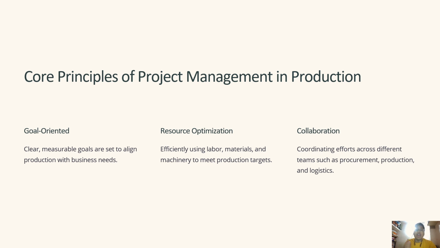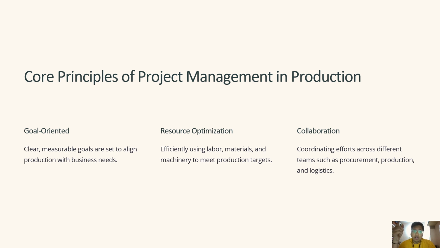Okay, then we have resource optimization. As we know, any resource we have, whether it's materials, labor, machinery, anything, we should always take our utmost 100% efficiency out of it. If 10 people are working for 8 hours per day, we should make sure that what they're working is worth it. It's not that they just come, sit, give their presence, and then they leave.